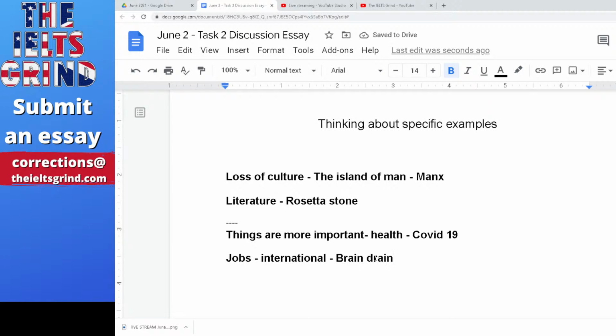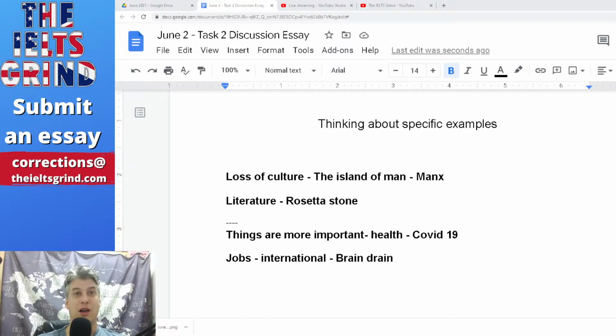And then for jobs international, I would say we could talk about this idea of a brain drain. So I live in Taiwan, where many young people actually don't stay in Taiwan to work. They go abroad because they get paid better. And that's called a brain drain, when many of your most skilled individuals go abroad.